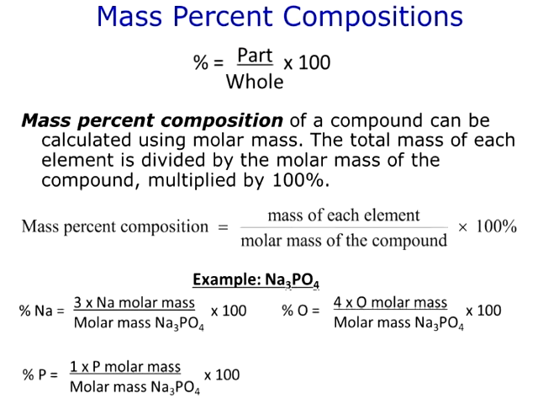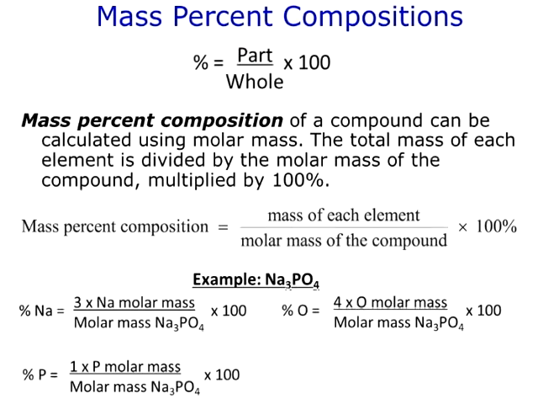It is that straightforward. For example, if we had sodium phosphate, we could calculate the mass percent of each of the elements in this chemical formula. For sodium, that would mean 3 times the molar mass of sodium divided by the molar mass of sodium phosphate times 100.